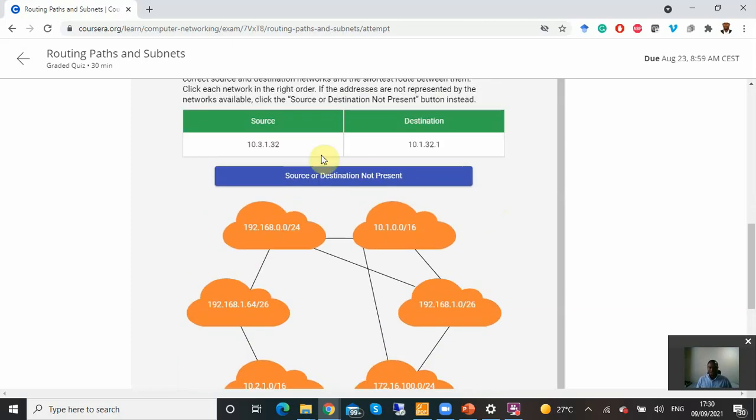The next question, from class A to class A. Let's check the corresponding network space ID. 10, the first network ID, the first host ID rather, 3.